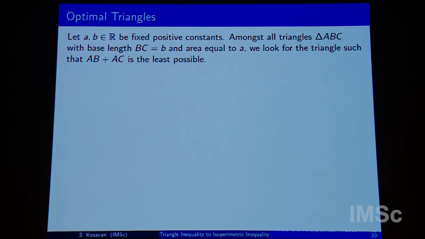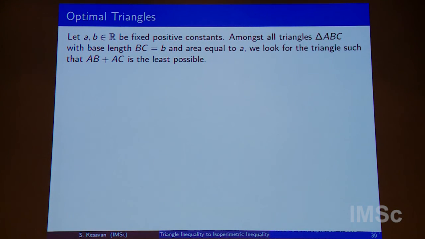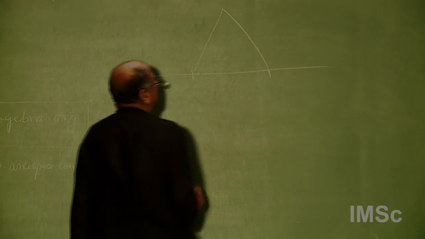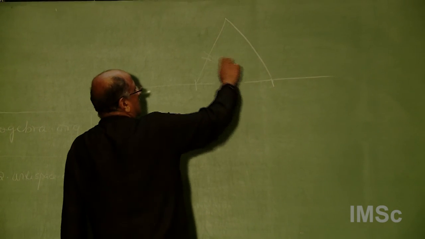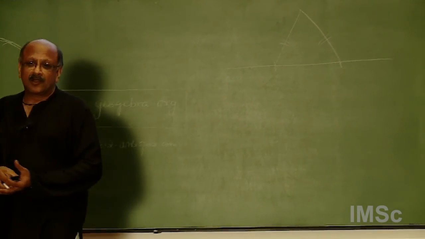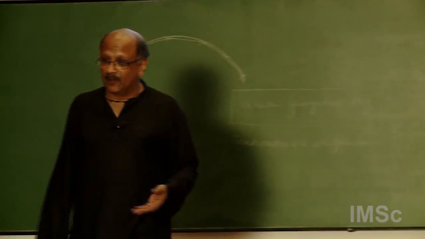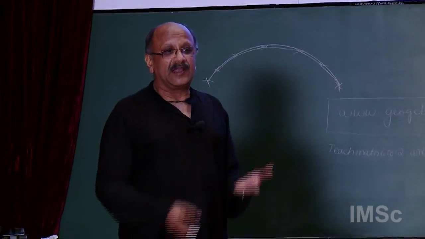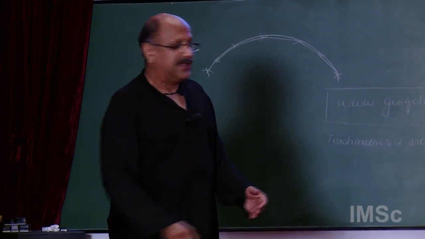So let us say there's a highway here and the government has decided from here to here we will construct a park. The park will be triangular in shape and you are given 1 acre of area, that's all. Then we are interested in finding a triangle such that the sum of these two sides is as low as possible so that the cost of constructing the fencing or the compound wall or painting it or whatever is going to be the least.